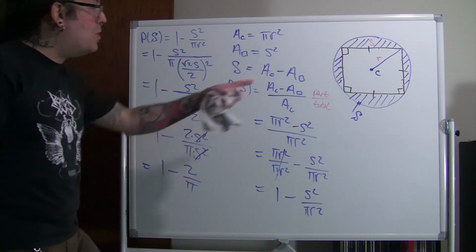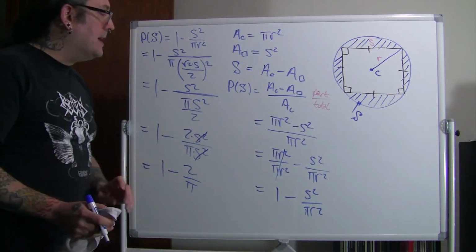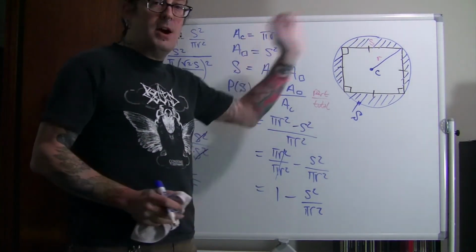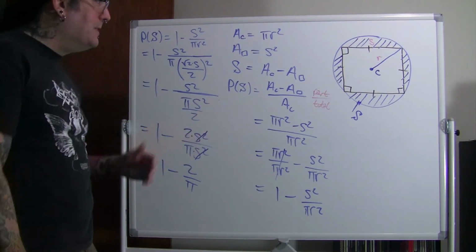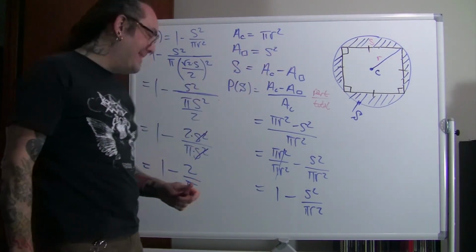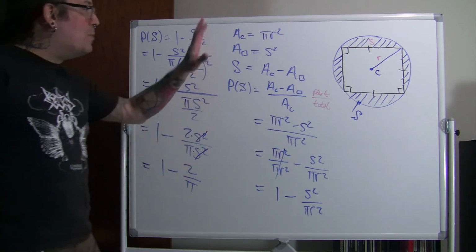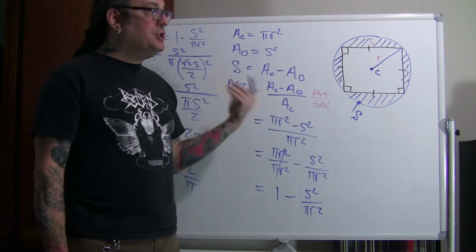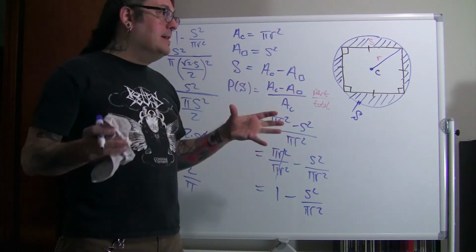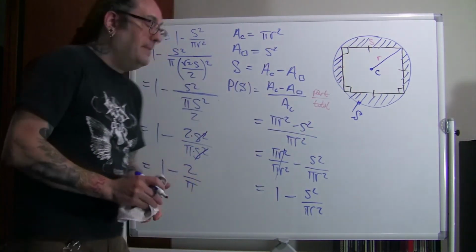So no matter how big this square is and how big this circle is, the circle could be the broadside of a barn, which your friend can't hit when they have too much to drink and play darts. But actually it could be. So here we go. We just have a number which says no matter what the size of the circle is, and of course the size of the square is going to change in a similar scale to the size of the circle in order to be inscribed inside of it.